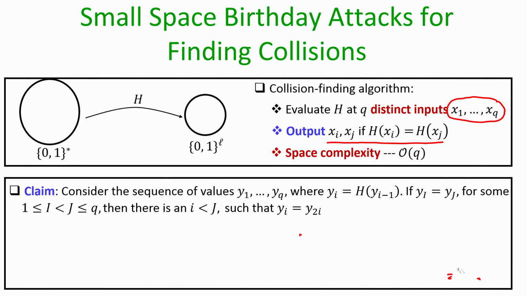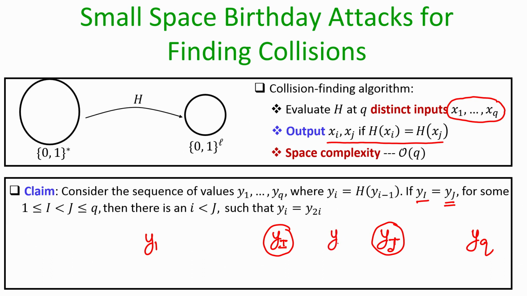Now, we can prove that if you have two indices big I and big J such that the yI value and the yJ value are the same, in this chain of values y1, y2, and so on up to q such y computations, then there exists at least one index little i such that y sub little i and y sub 2 times little i are the same.